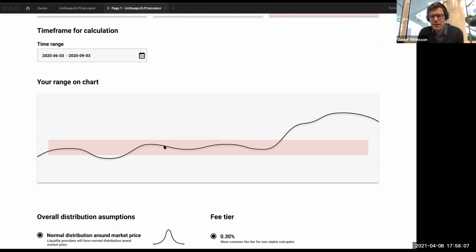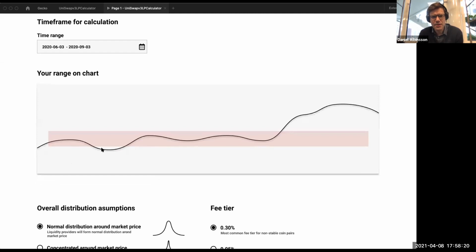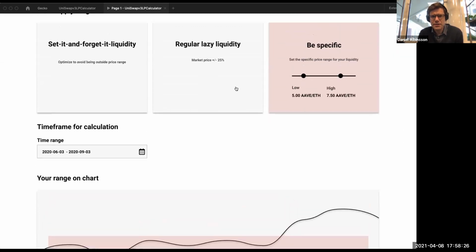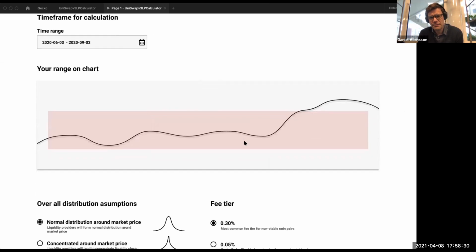And I get a graph with the price, the black line here, and my liquidity. So this is my range now. I can see I was out of price here. I was out of price for a lot of time over here. Let's just see what regular lazy would do with the same. I will get some more here.